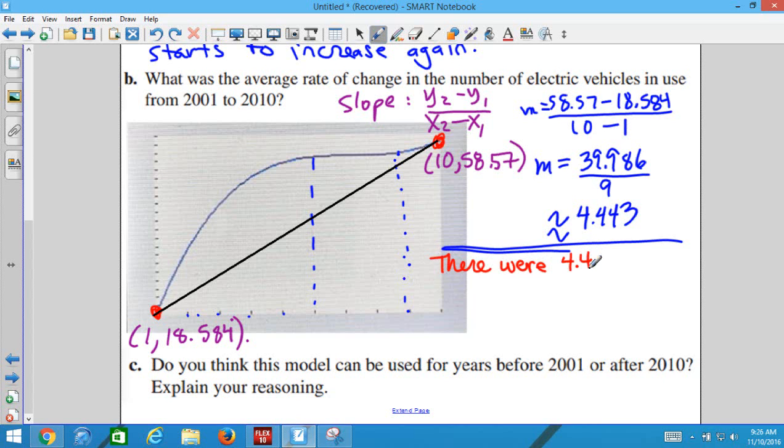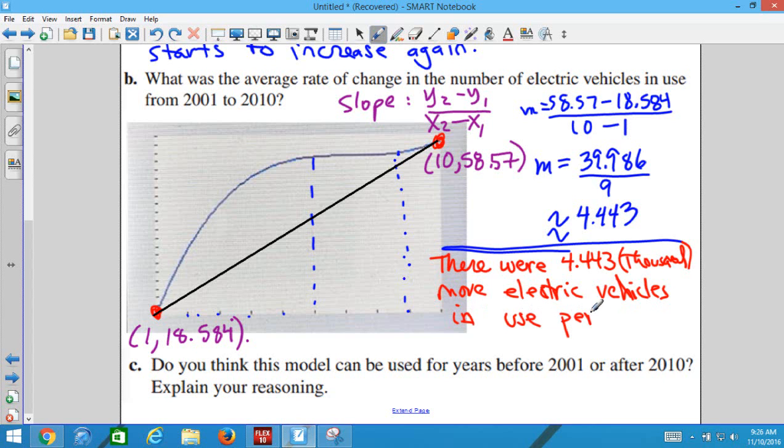So 4.443 thousand more electric vehicles in use per year. That's how many more they are being used per year.